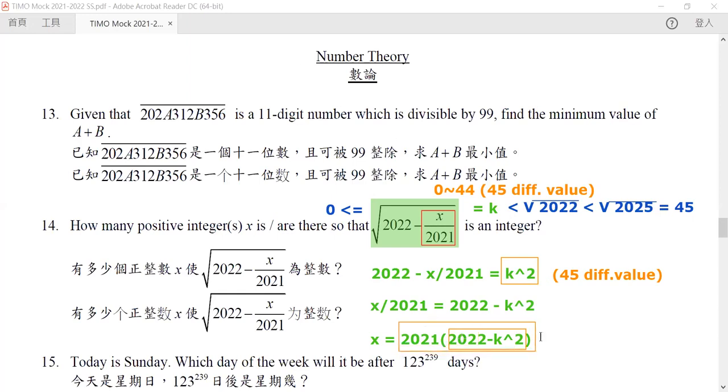So x must have 45 different values for it to be true. So our answer is 45, because each k corresponds to a unique x such that this is an integer.